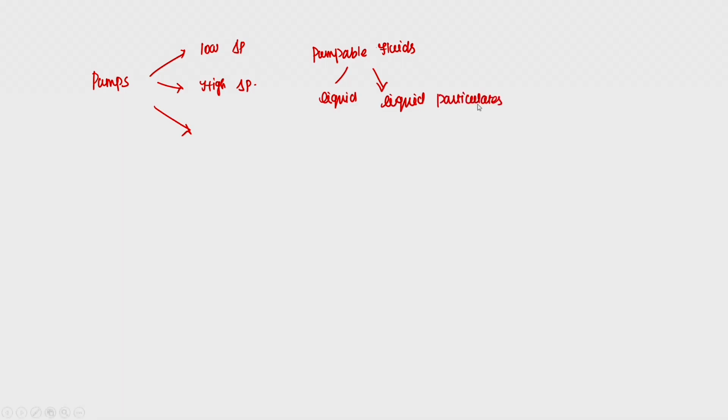When liquid particulates are contained, viscosity comes into play. That is a parameter we need to look into. Based on that, for low to medium viscosity, what kind of pump would I be using, right. All these three categories we have seen, and which pumps to be used.